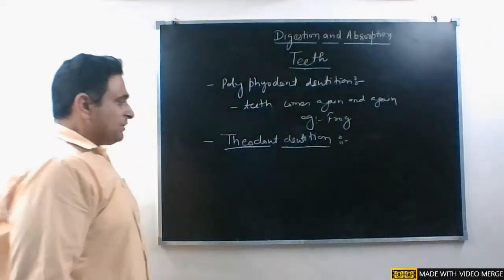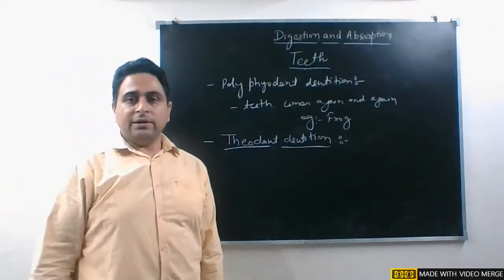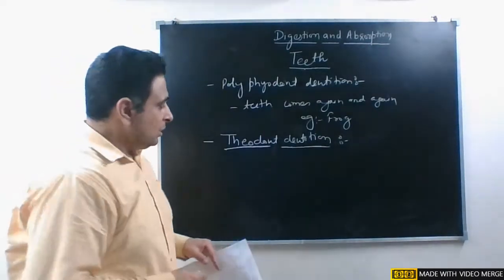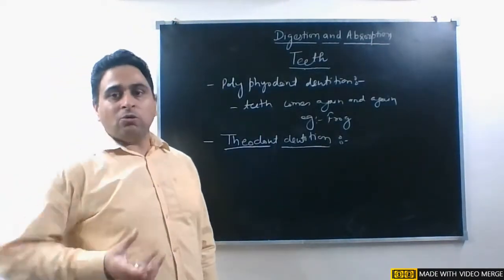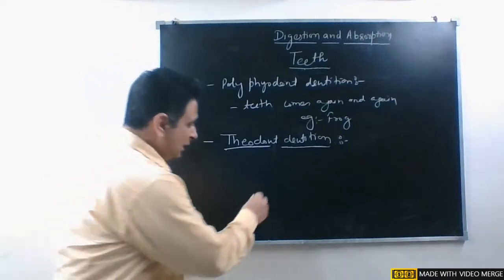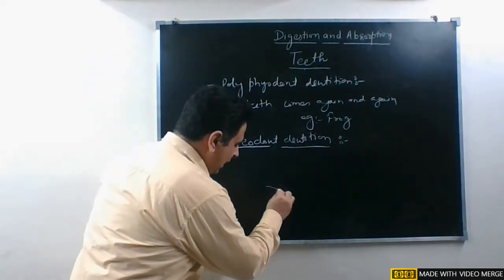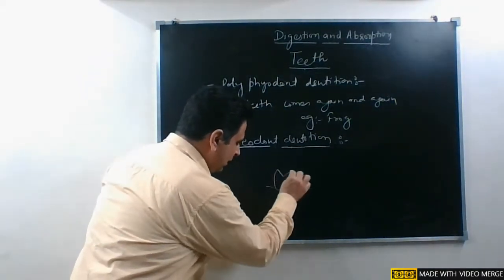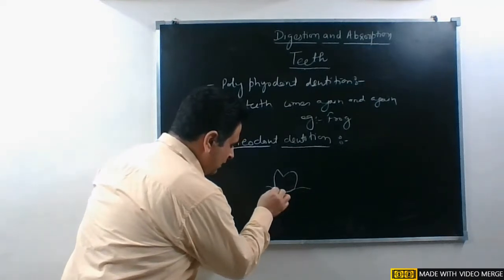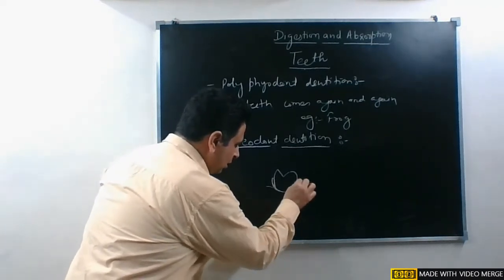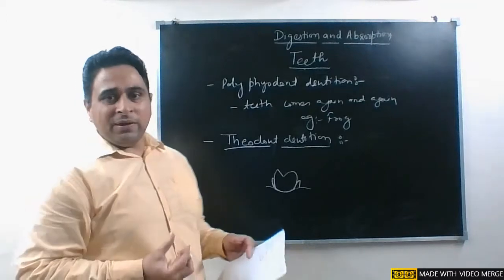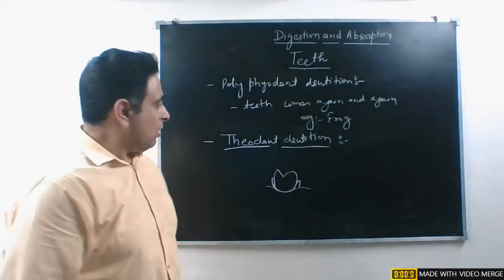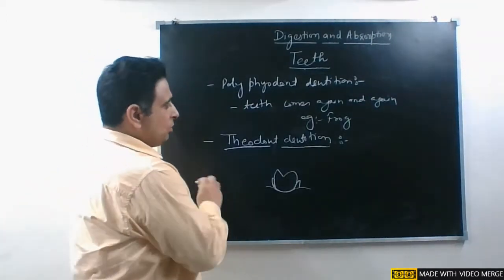In thecodont dentition, students, teeth are embedded in the socket of the jaw bone. So where teeth are embedded in the socket of the jawbone, such type of dentition is called thecodont dentition.